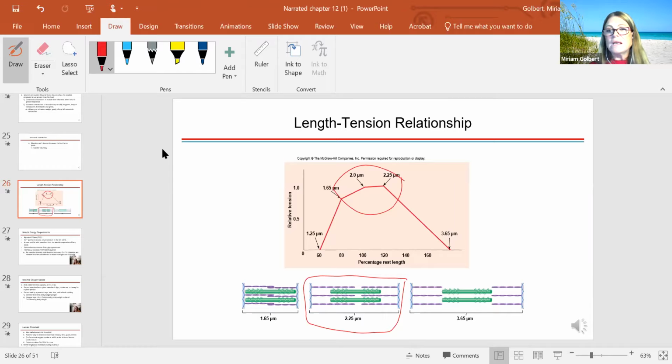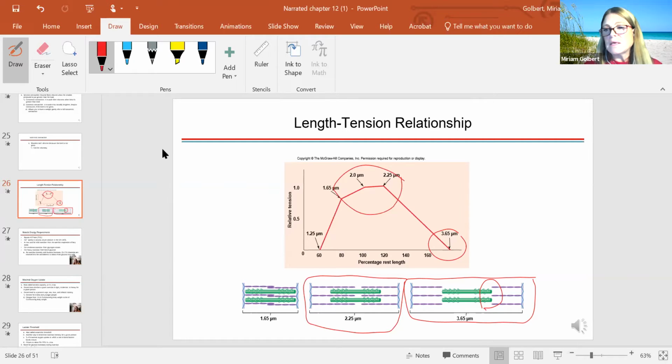Now, when your sarcomere is too long, this will be when you overstretch a muscle, right? Look, we don't even have overlapping here. So you create no tension and you can't really contract. So that is serious, right?